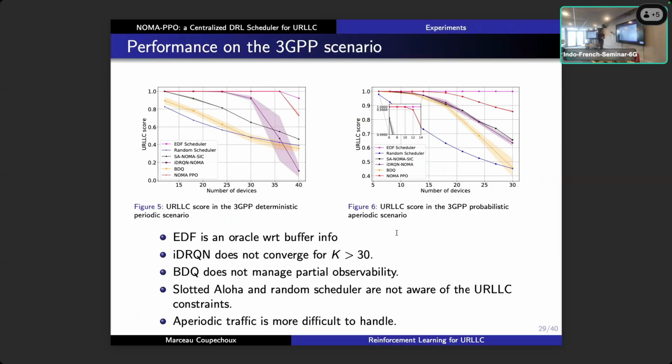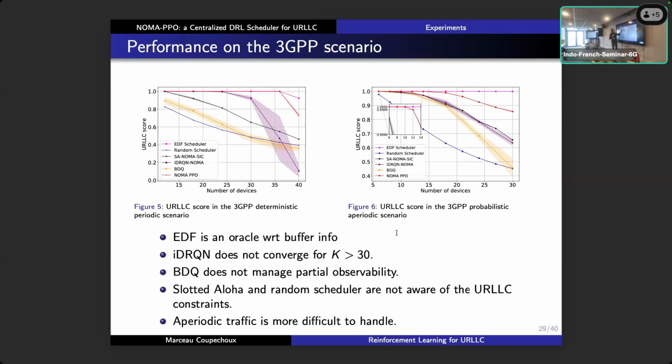So this is the URLLC score as a function of the number of devices for the probabilistic periodic traffic, and this is for the other traffic. At the top you have the EDF scheduler, but this is an oracle with respect to the buffer, so it cannot be implemented. It's just a benchmark. In red we have our proposal.